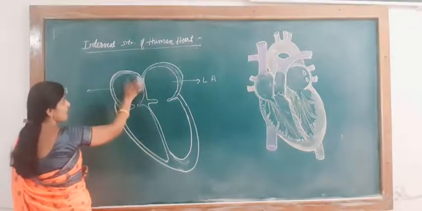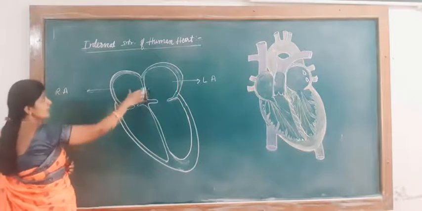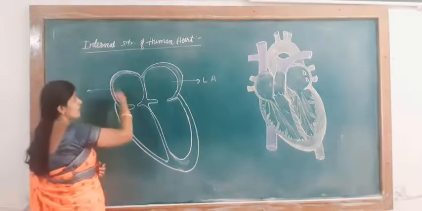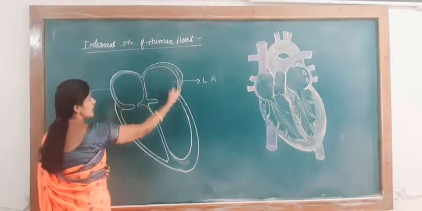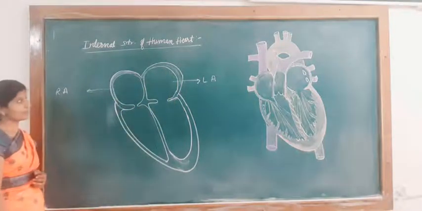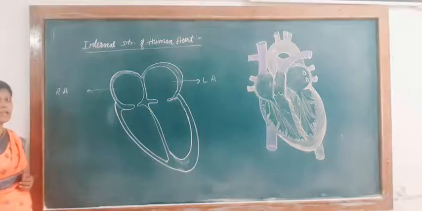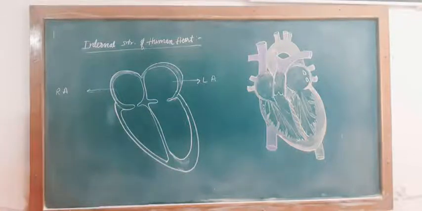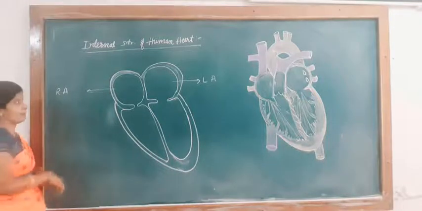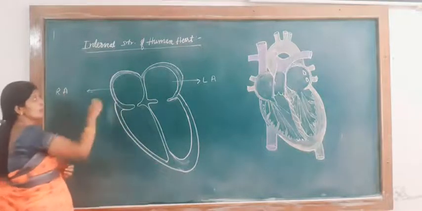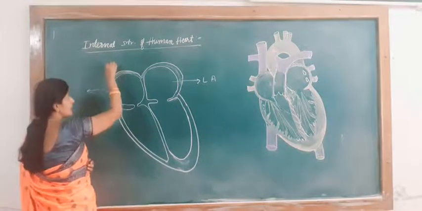Here, the auricles are the superior chambers. They are thin walled, superior, and receiving chambers. They receive the blood. From whom will they receive the blood?